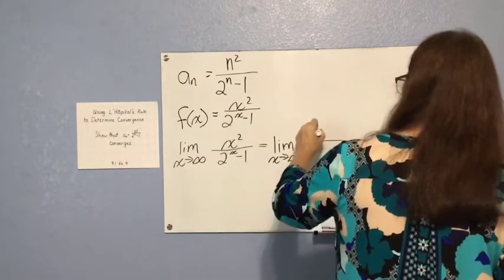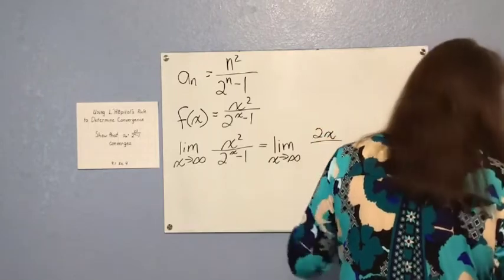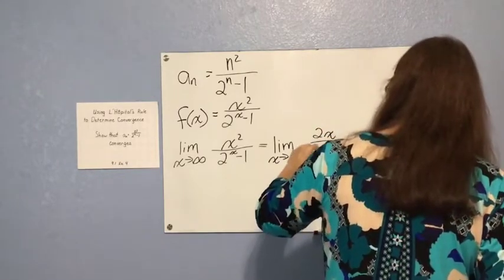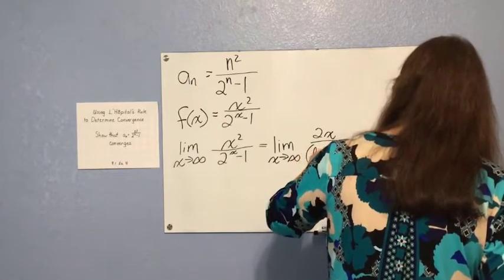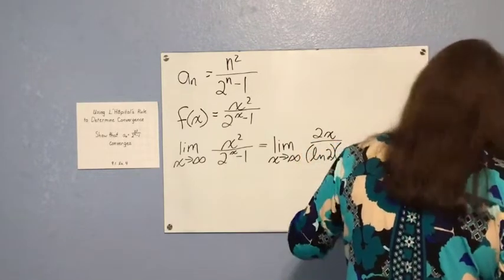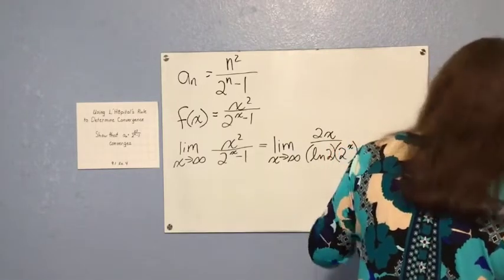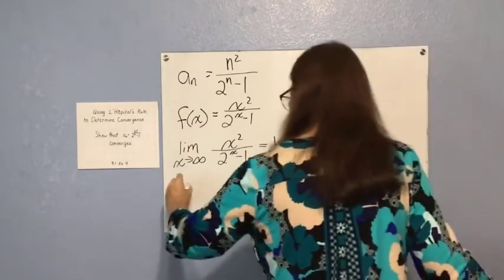So in the numerator we'll have 2x, and in the denominator we'll have natural log of 2 times 2 to the x, and then we'll take the limit one more time.